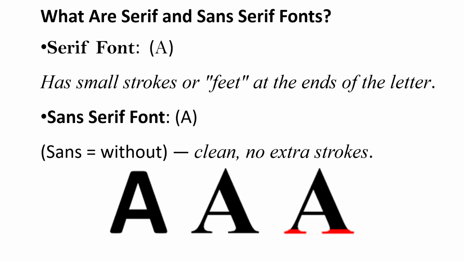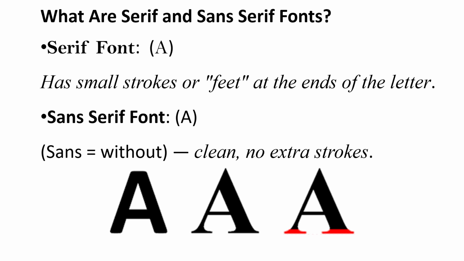Right? The first is sans serif, sans, without serif. The second is serif, with the extra strokes or feet or flourishes. And in the third picture, you can see that the feet or strokes are red in color.